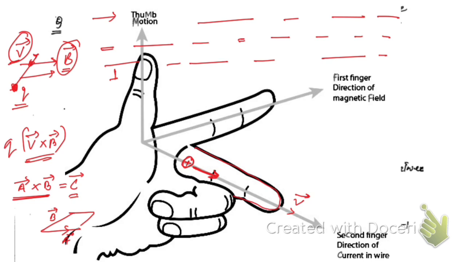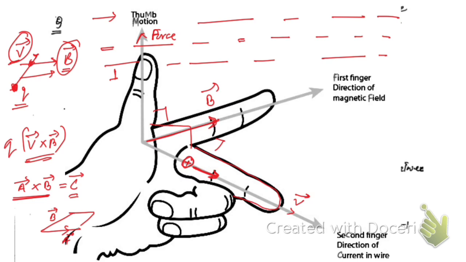The first finger represents the magnetic field B. To apply Fleming's left hand rule, we have to stretch all three fingers mutually perpendicular. Then force will be represented in the direction of the thumb.